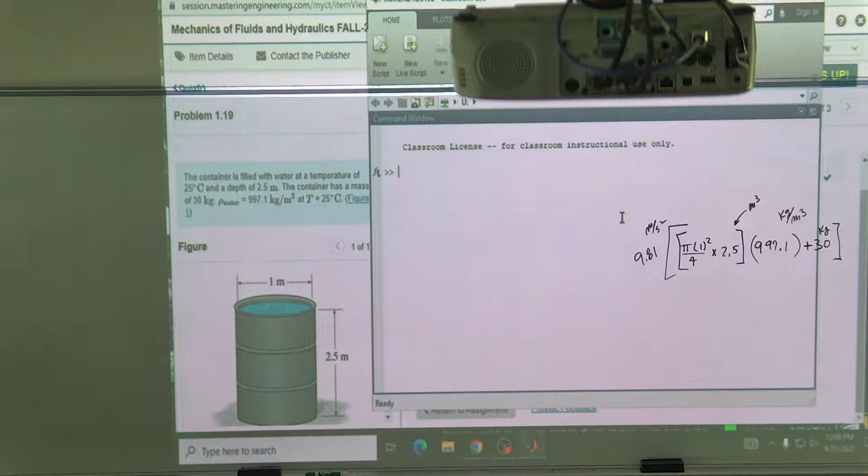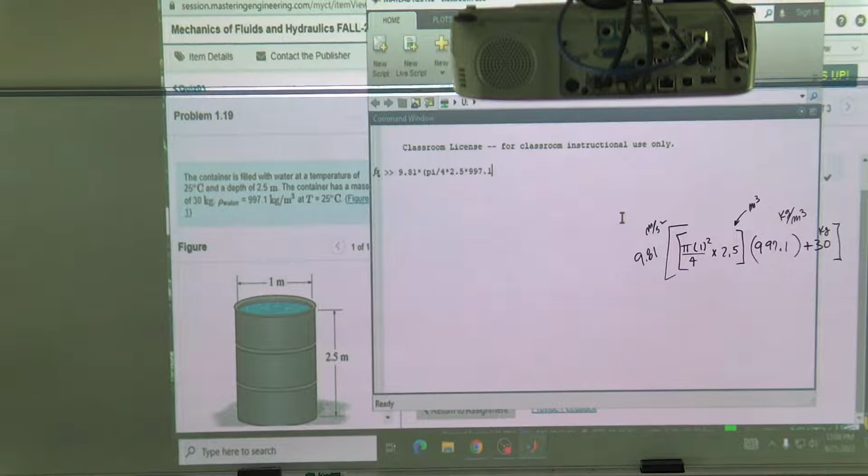So let's see. 9.81 times, and I have a difficulty going back and forth. Pi, that'll be pi over 4, the 1 squared times 2.5 is 2.5, and all that times 997.1.